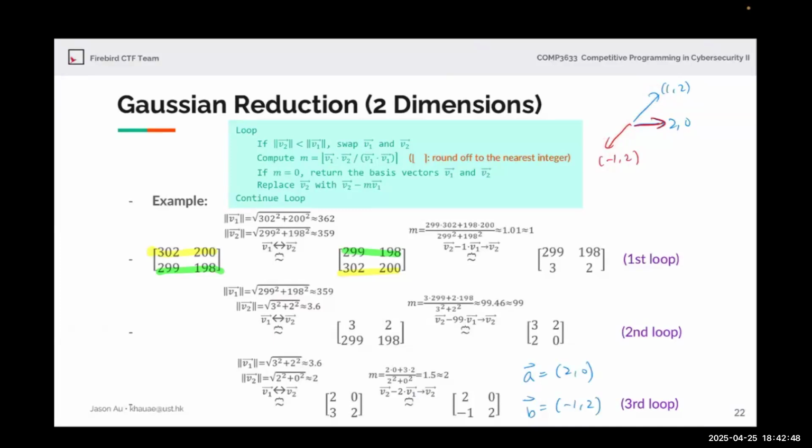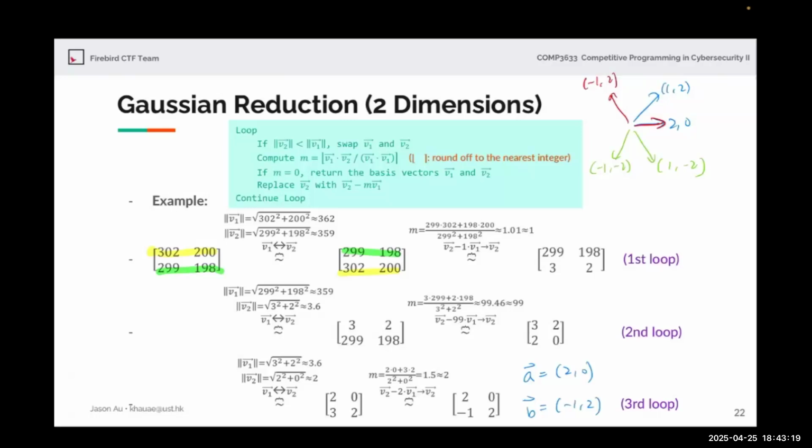So no matter it's like this, -1, -1. Sorry. This one should be this one. This is -1, 2, and -1, -2, and 1, -2. Actually, these four, after the Gaussian reduction, represent the same vector.